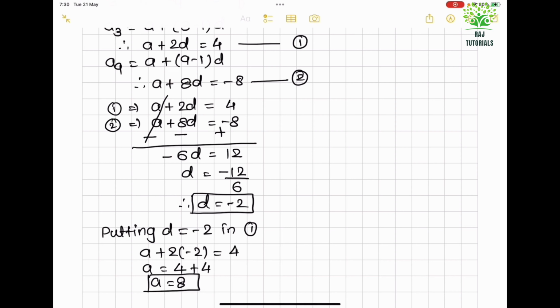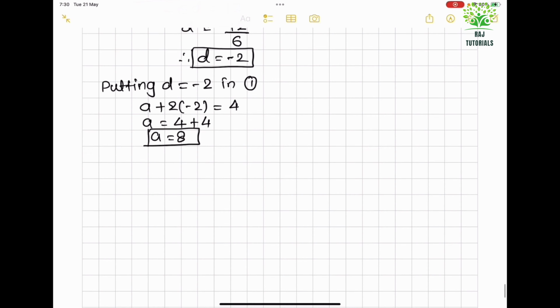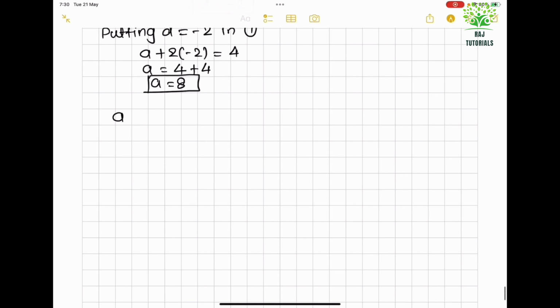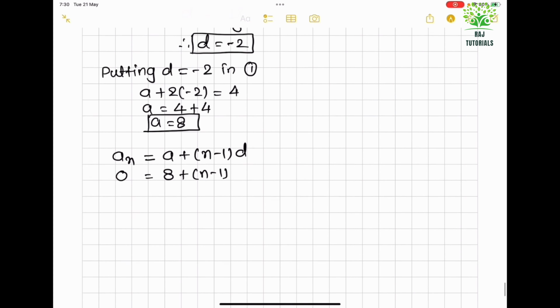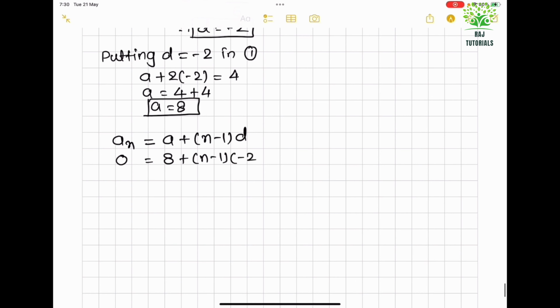Now I know the value of a, I know the value of d, and I am asked the term which is 0. So again using the formula an equal to a plus (n minus 1)d, I have to find the value of n. So an is 0, a is 8 plus n I don't know, and d was minus 2.